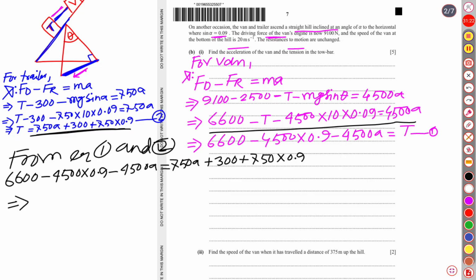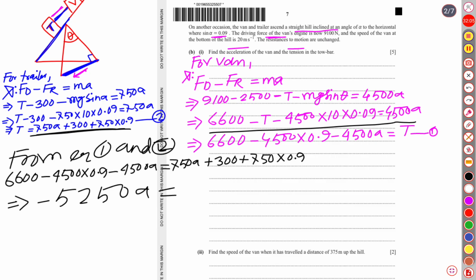Now let us do the calculation. 6600, from this let us multiply 4500 into 0.09, then 4500a, one after the other. Look at this: on the left side 4500a, on the right side 750a. So it is going to be negative 5250a. Then the rest of them should be on the right side, because we require a to be isolated.